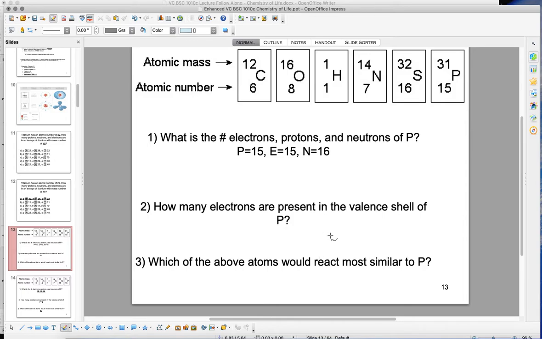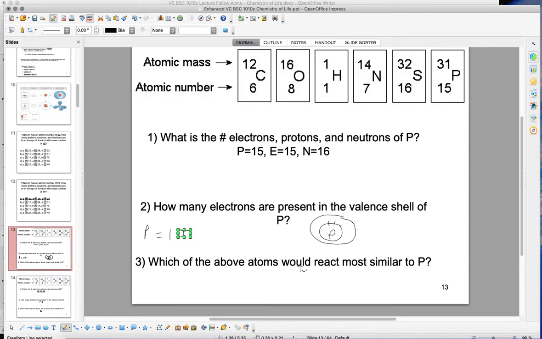So if we're talking about P, we've got our first shell, which can only hold 2 electrons, like this. And then we have our next shell. And actually, let's write this out here. These are our electron shells, because in the nucleus here are going to be our protons and neutrons. So P, we already said, has 15 electrons.